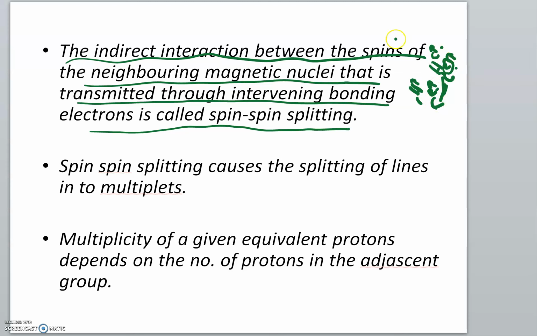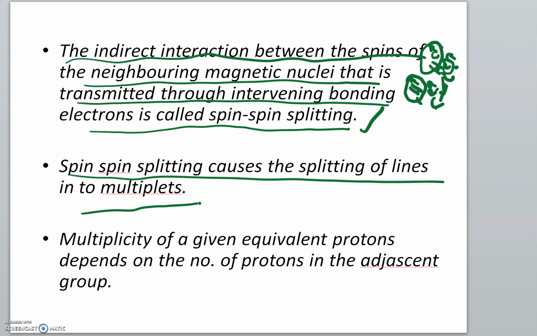That means indirectly the spin of this hydrogen is transmitted to the spin of the neighboring hydrogen through the intervening electrons. That is, the spin of this proton affects this electron, that affects this electron, which affects this proton. In this way the proton spin is affected by the neighboring proton through the intervening electrons, and that is called spin-spin splitting. And this spin-spin splitting causes the splitting of lines into multiplets.